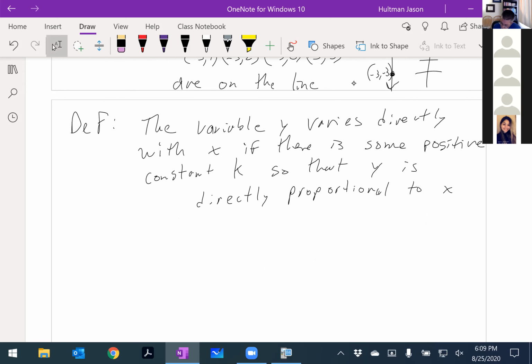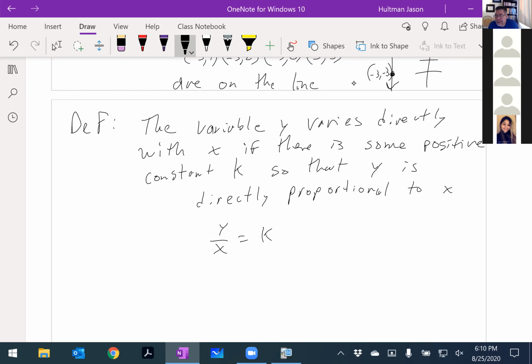What does that mean? It means that they create a proportion, y over x is equal to k. So the proportionality constant is k. y and x are always proportional to each other. No matter what I have for my y value, that's always proportional to my x value. So y over x is always going to get me the same value.